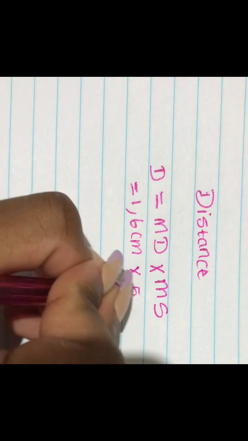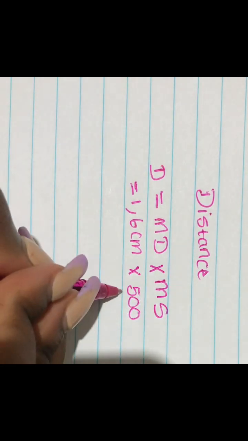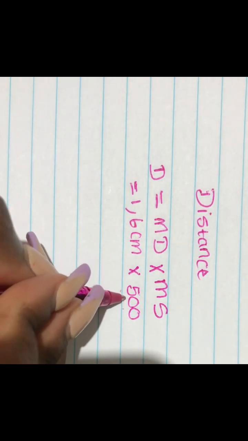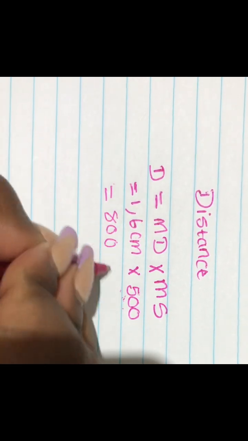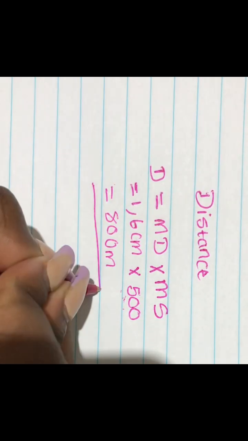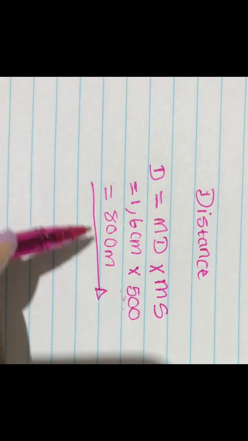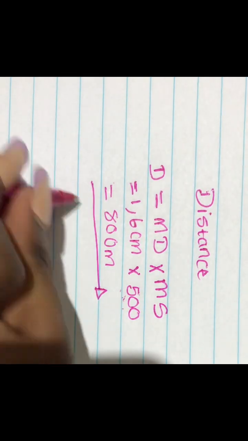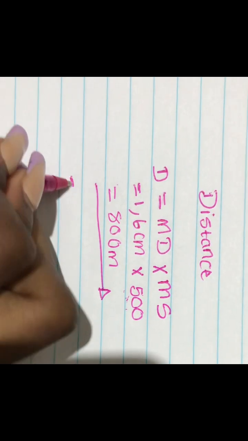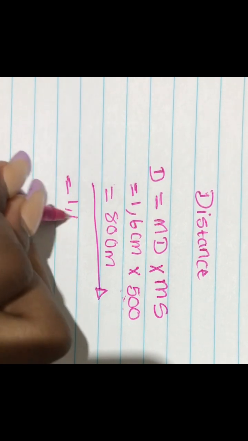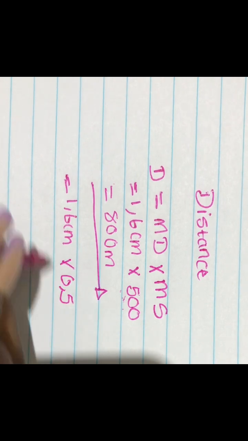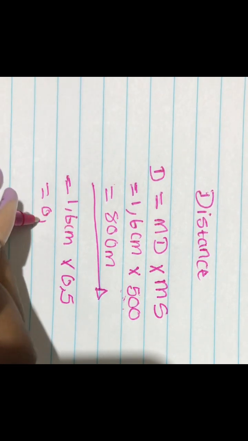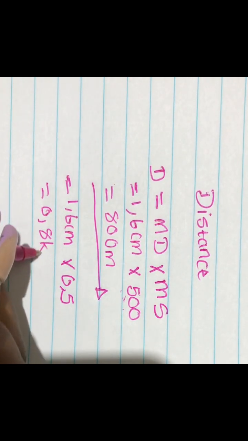Since we're using a topographical map, we multiply by 500 to get meters, which gives 800 meters. That is our answer. Now, let's say we want to convert this into kilometers. We take our map distance of 1.6 centimeters and multiply it by 0.5, which gives us 0.8 kilometers.